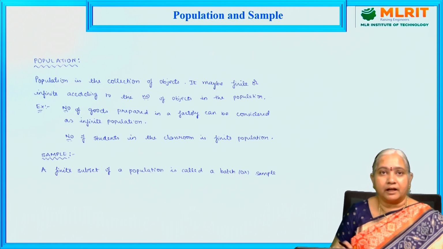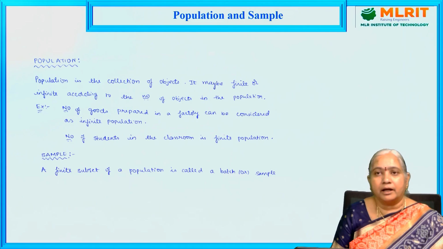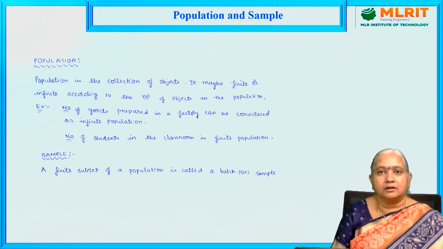So the first one is population. Population is a finite or infinite collection of objects, and a sample is a subset of the population. For example, the population in India and the population in Hyderabad.